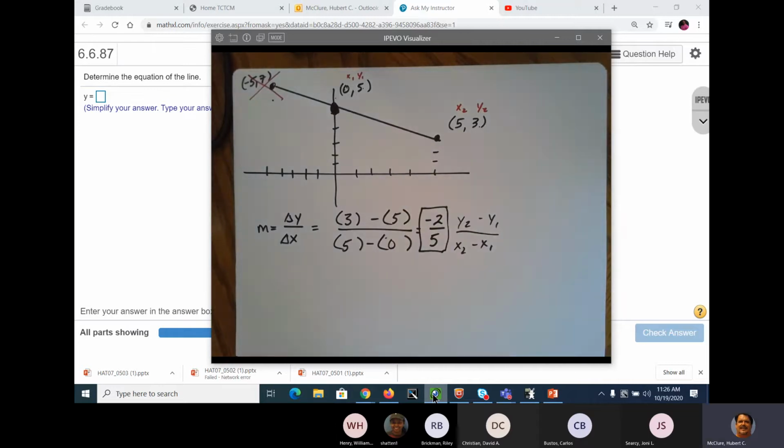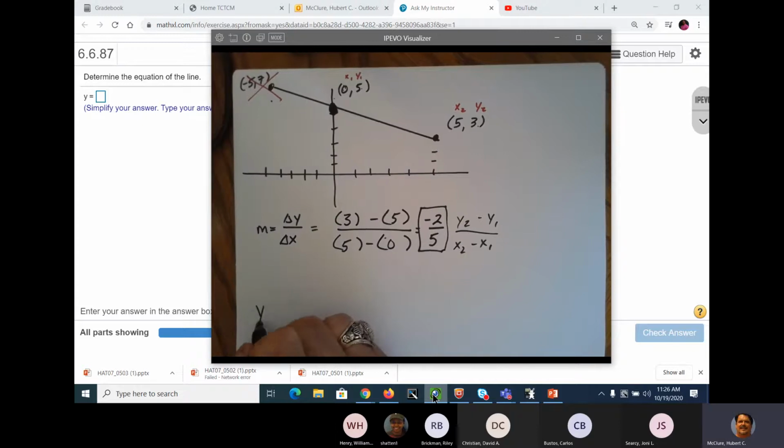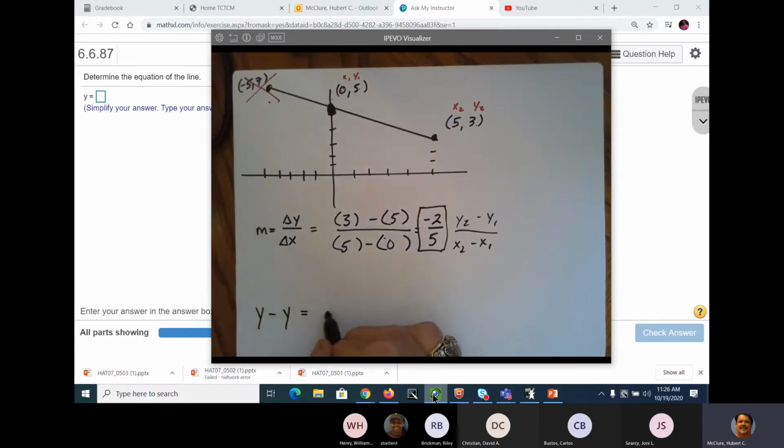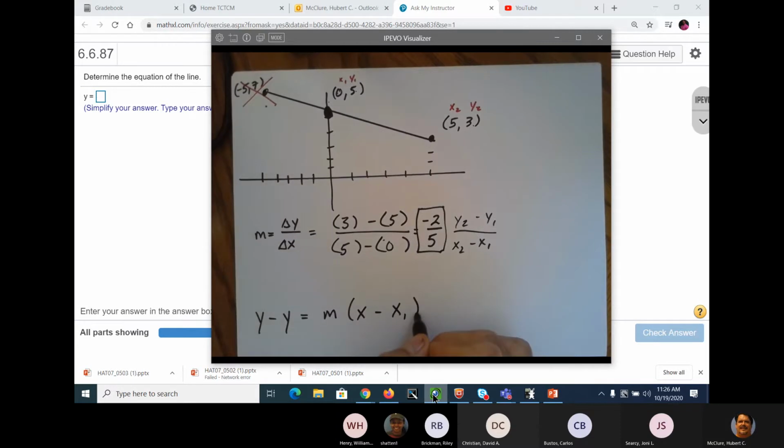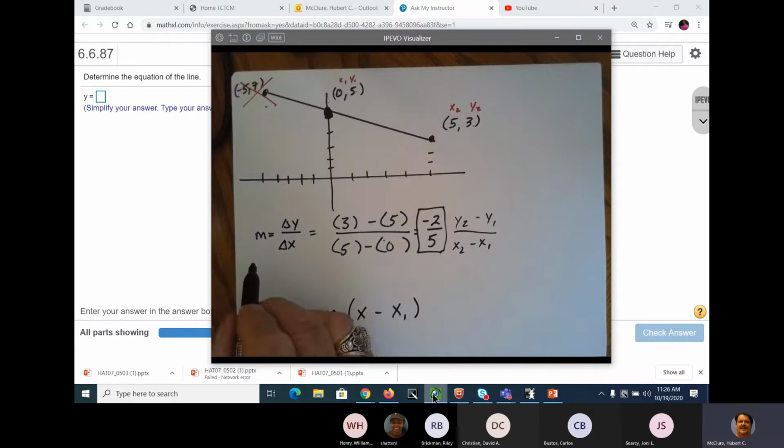Now, to find the equation of the line, which is determine the equation, you've got to use the point slope equation. y minus y sub 1 is equal to m times x minus x sub 1. Now we've got a point. I'm going to pick 0, 5.